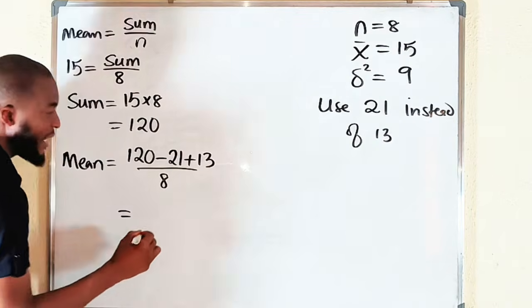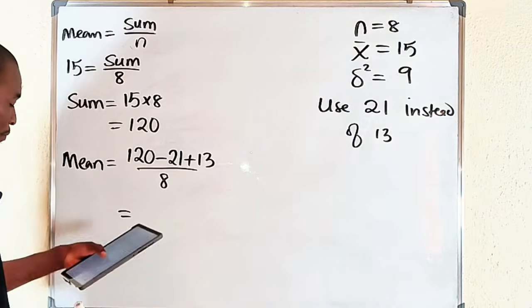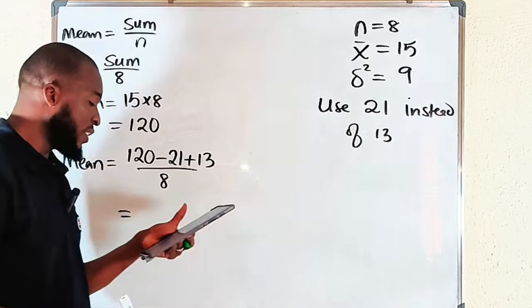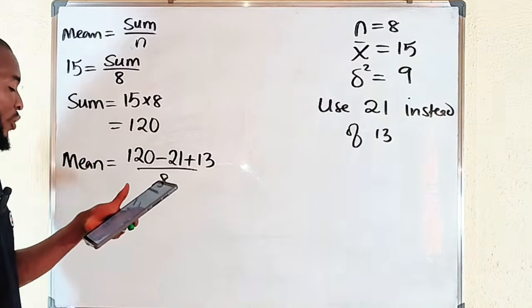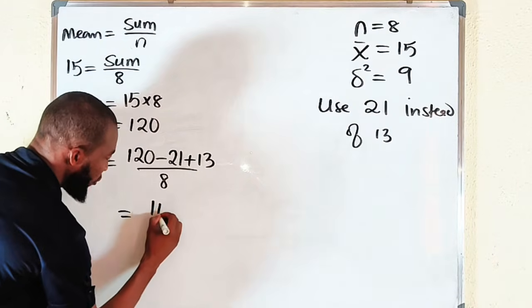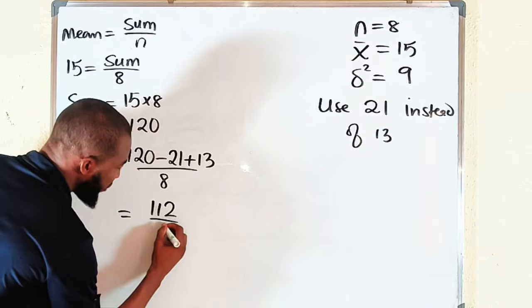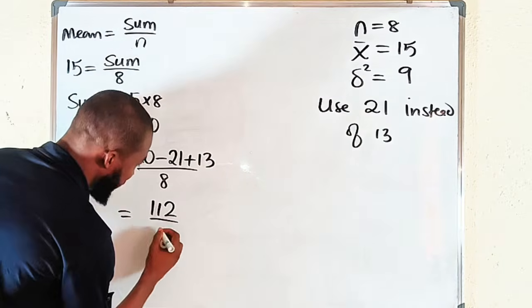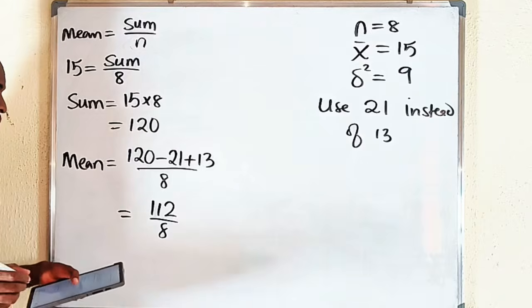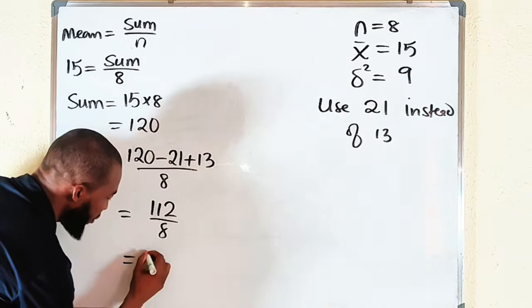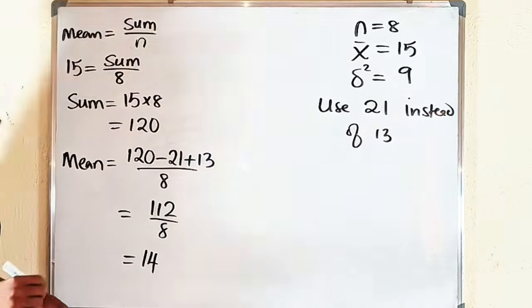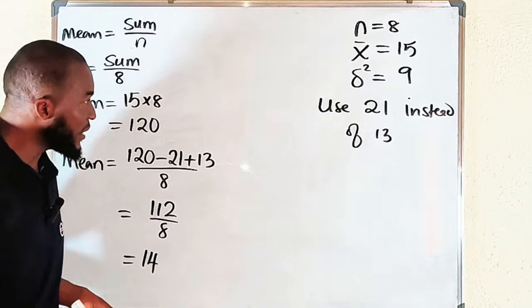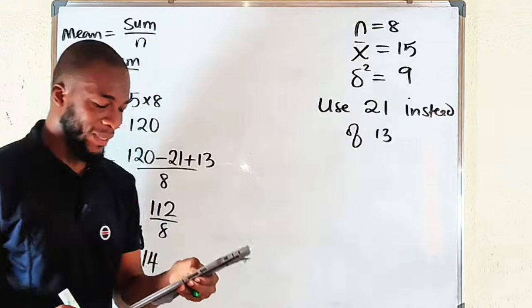This will give us the actual value. 120 minus 21 plus 13 is 112. This is 112 divided by 8, right? And 112 divided by 8 is 14. So the actual mean should be 14, not 15.